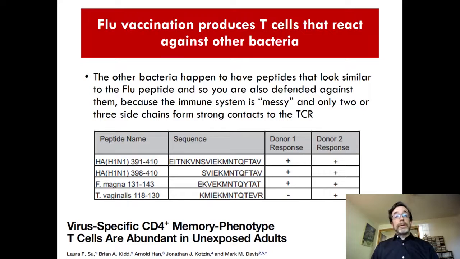And that will provoke T cells because all it needs is the peptide. The peptide by itself has a shape that the T cell needs to learn. And so this is one where flu vaccination was actually producing T cells that reacted against it. Here's a hemagglutinin H1N1 sequence, and you see that it also reacted against these two other things on the bottom.